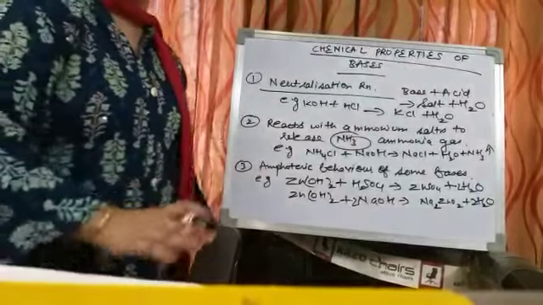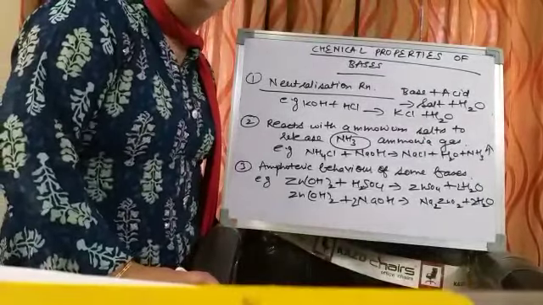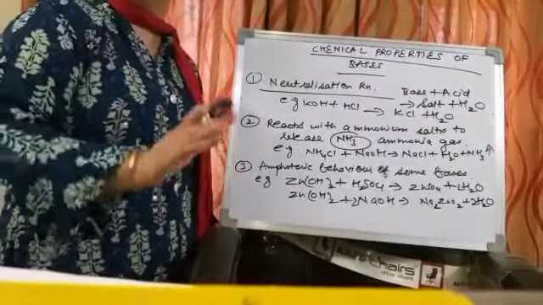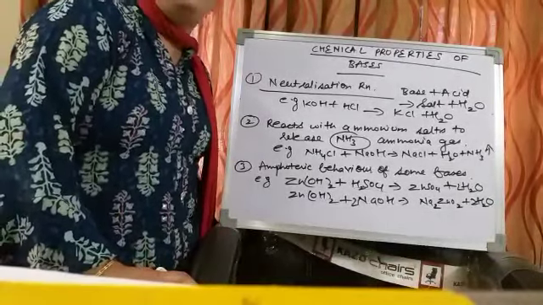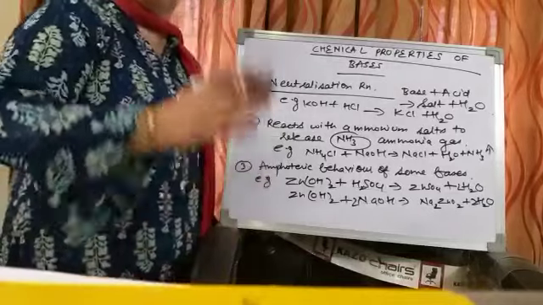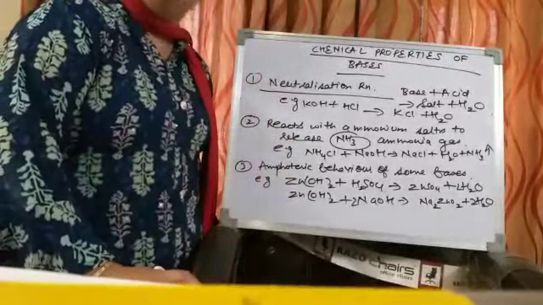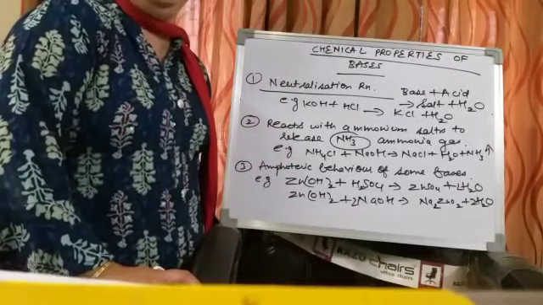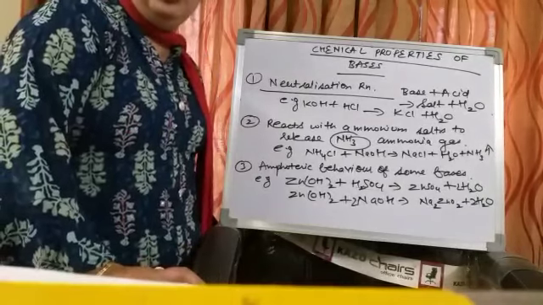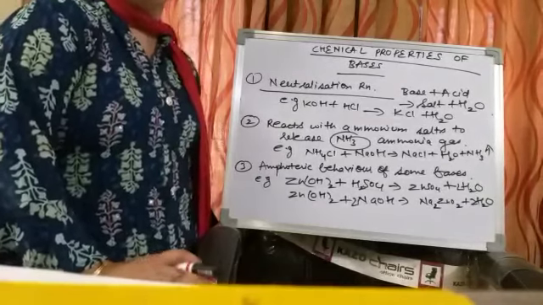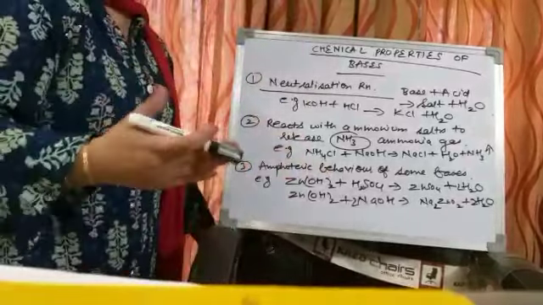Because it not only tells the nature, whether the substance is acidic or basic, but it also tells the strength. If it is an acid, whether it is a strong acid, what is its value? If it is a base, whether it is a weak base or strong base, its value. And there is a scale which we call the pH scale, where the reading is from 1 to 14. 7 is for neutral, less than 7 acidic, more than 7 basic. That we'll discuss in detail later on.